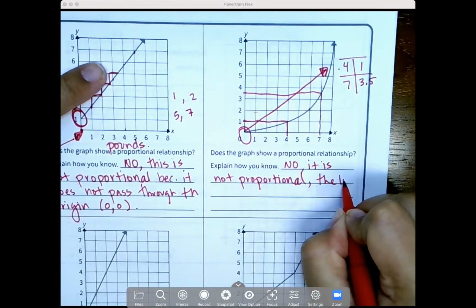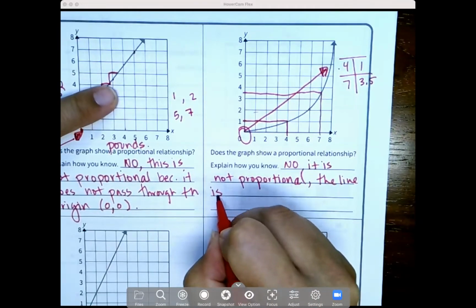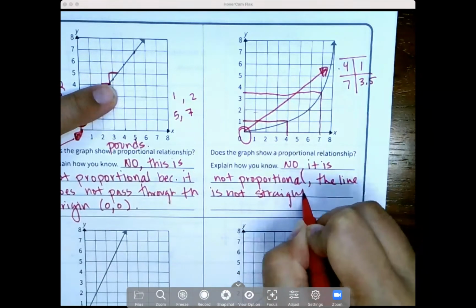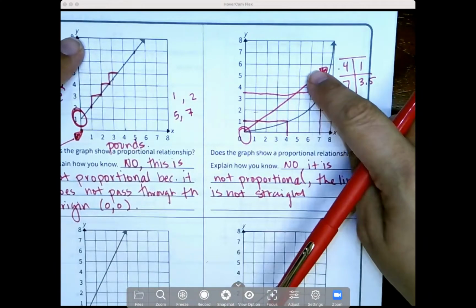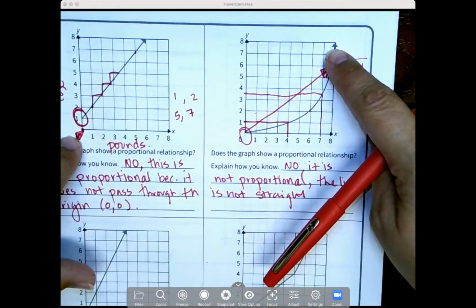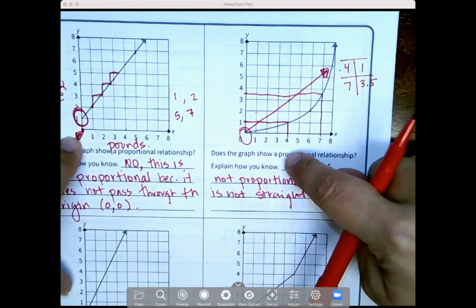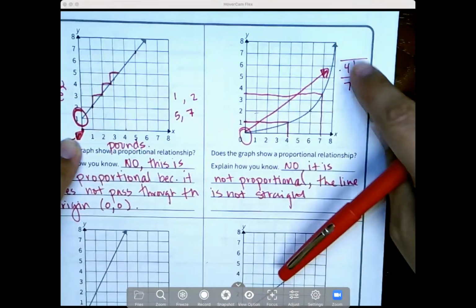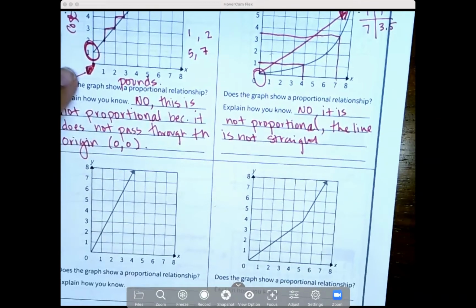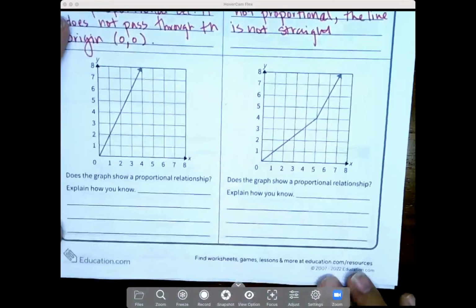The line is not straight. And you can just talk to them about how straight lines are proportional. Well, it could be, right? Because you have to talk about origin. And curved lines are not proportional. But you kind of want to give them some examples, some values to go with it so that they know why it's not. We don't have any parabolic things, which would be really fun here.